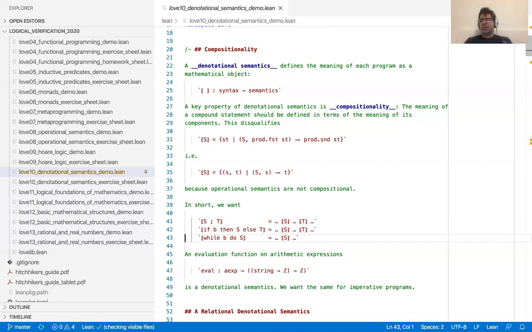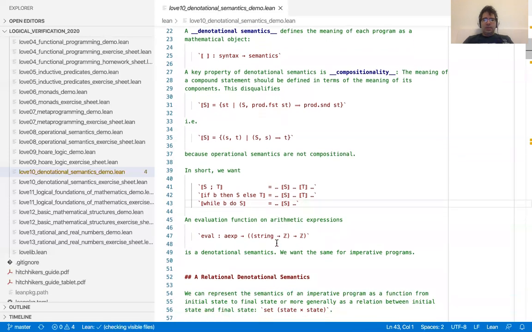And compositionality has lots of benefits because it allows you to scale. Basically, it allows you to understand bigger programs in terms of smaller programs. It also means that we'll be able to reason equationally, so with the simplifier, which we couldn't do with the other two semantics.